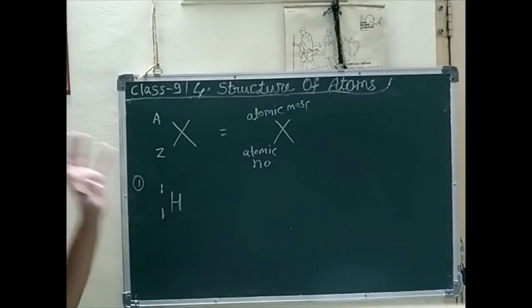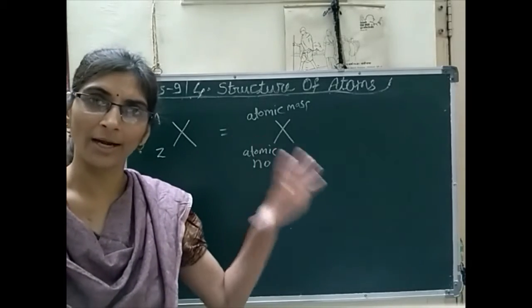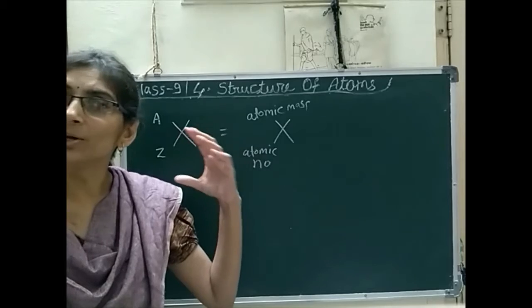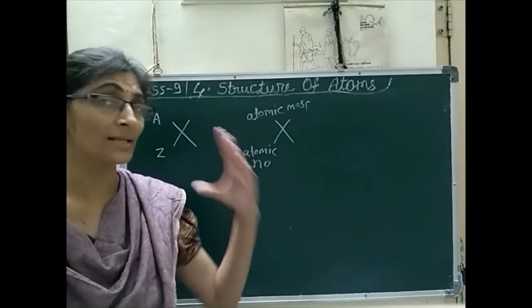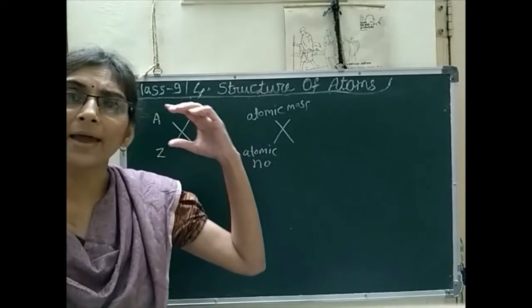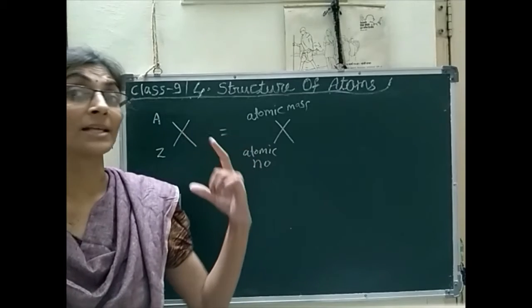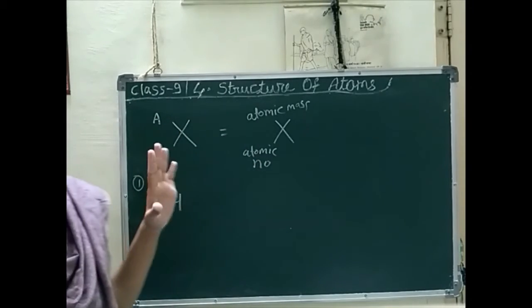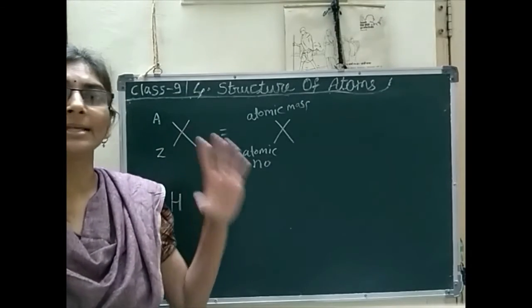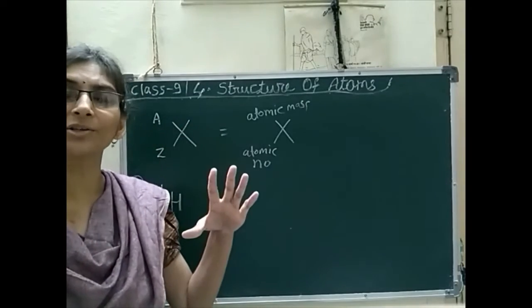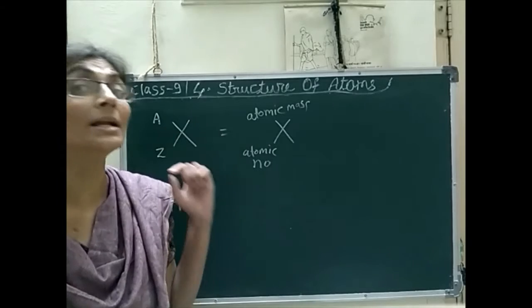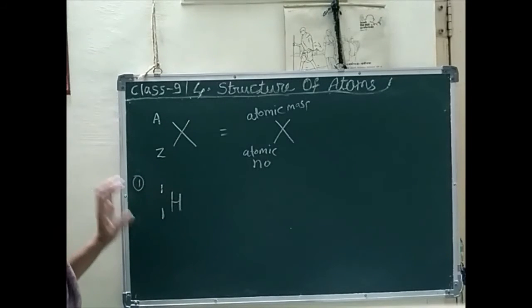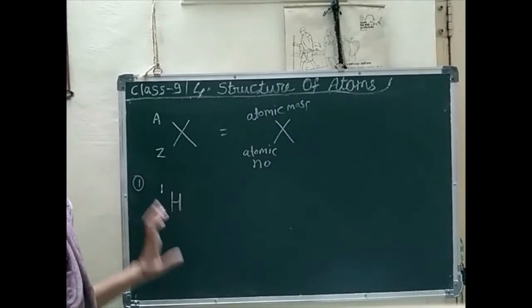A very important note you have to write down: a neutron is present inside every atom except hydrogen. Only in the nucleus of hydrogen we cannot find a neutron, because the atomic number and atomic mass are both 1 here.